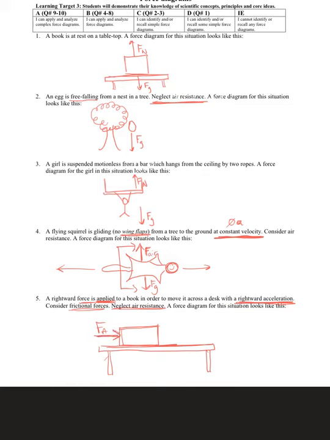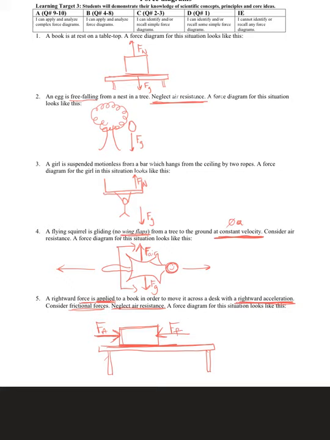Okay, so there's obviously another force on my book. It's on a table. This interaction between the book and the table is going to cause friction. It's what's going to keep my book from just sliding forever, and that force is going to oppose the applied force. So friction opposes applied force.